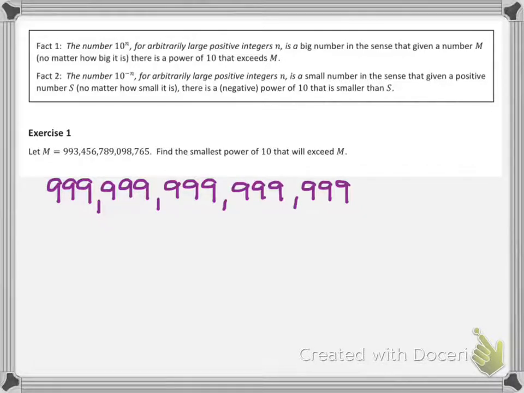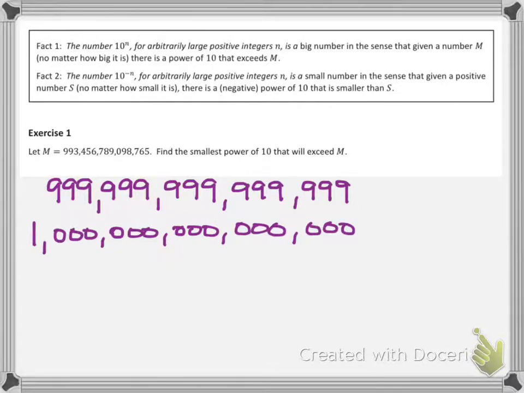And then in order to get to the next power of 10, I would have to go one bigger. So I'd have 1 quadrillion and then 15 zeros. So let me just add all these zeros in. That is 1 quadrillion, and that would be equal to 10 to the 15th power.